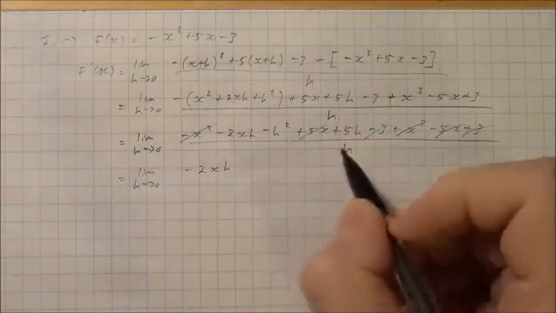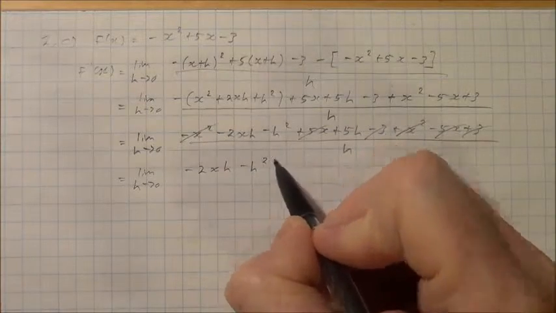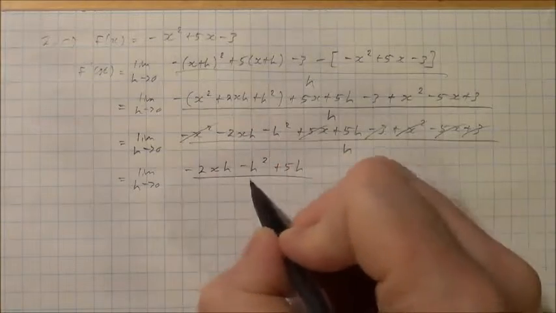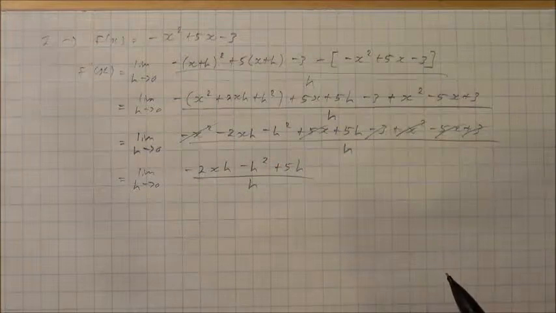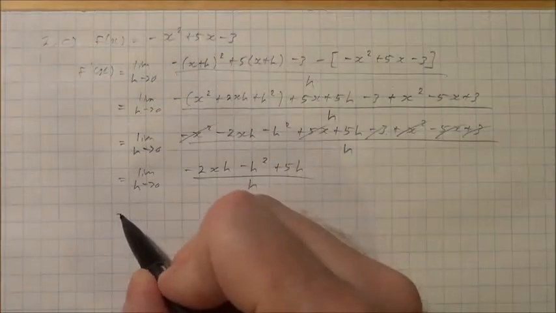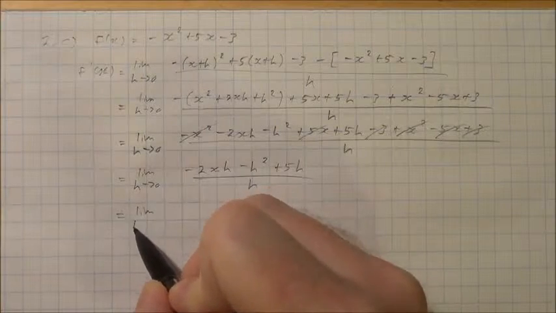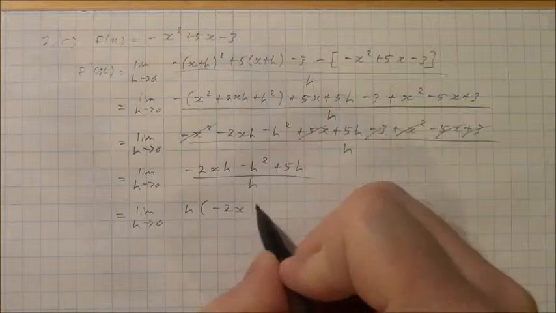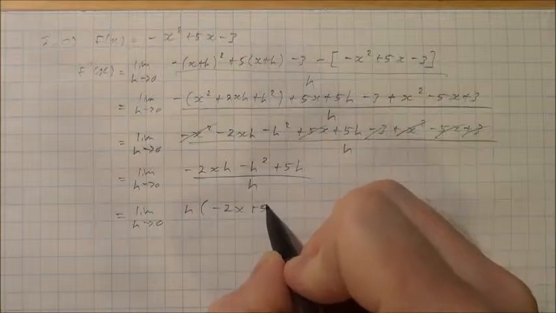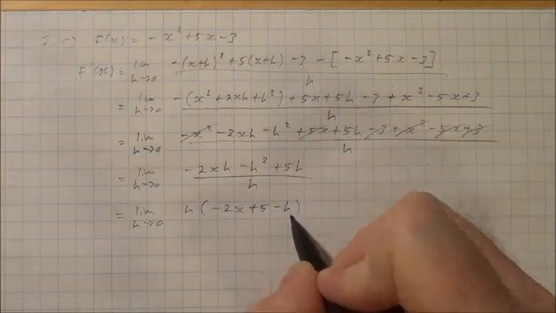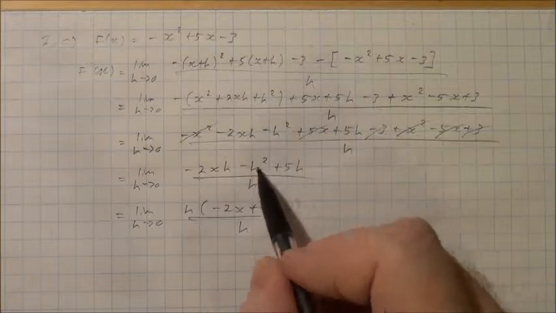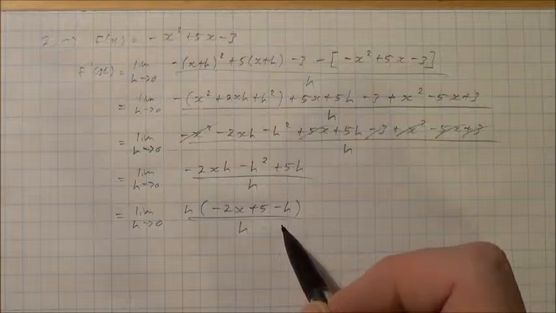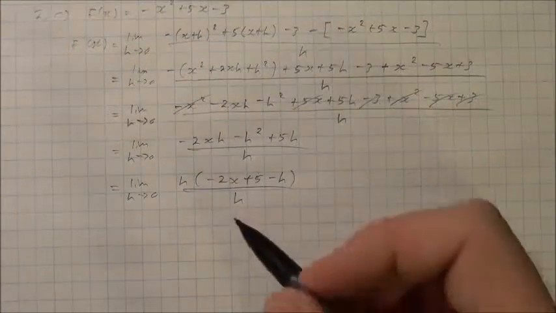Negative 2xh minus h squared plus 5h all over h. I'll factor out the h from the numerator and be left with negative 2x plus 5 minus h all over h. I just switched those two spots here because it doesn't really make a difference. Just kind of cleans things up for the next line.